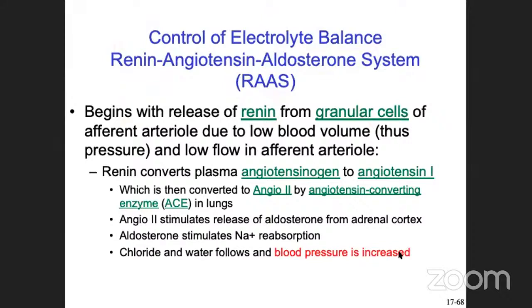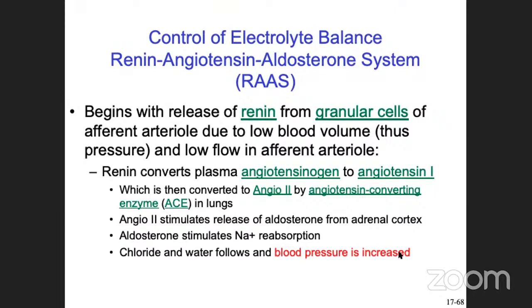And this is another topic. I think this is also important for you as future clinical nurses. You need to understand how the body controls electrolyte balance by manipulating the renin, angiotensin, aldosterone system. We have lots of components here. In another word, we call it the RAS system.